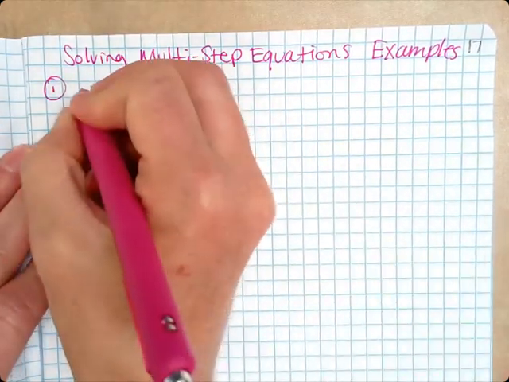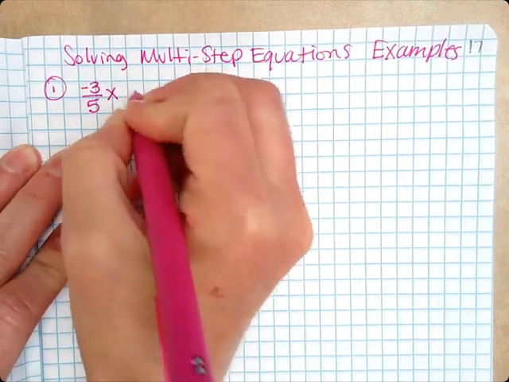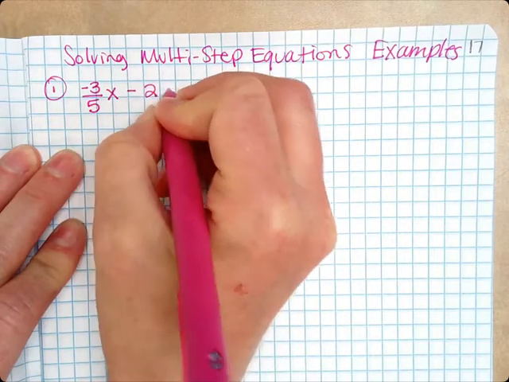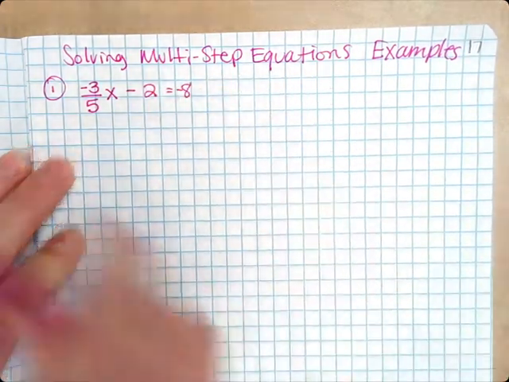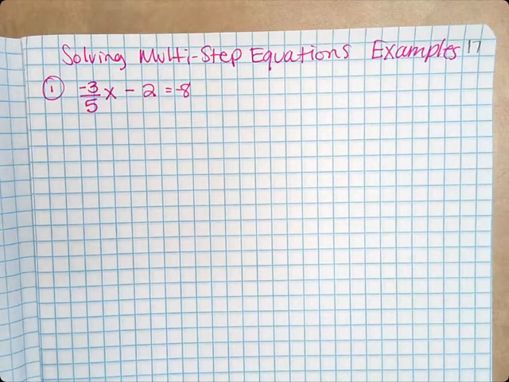The first one is going to be negative 3 over 5x minus 2 equals negative 8.